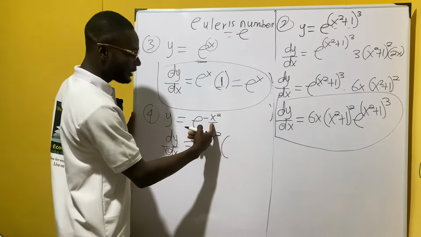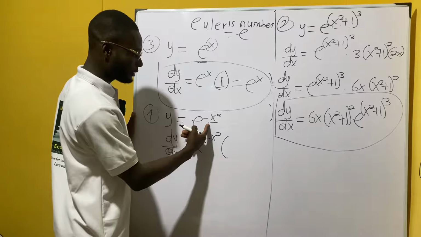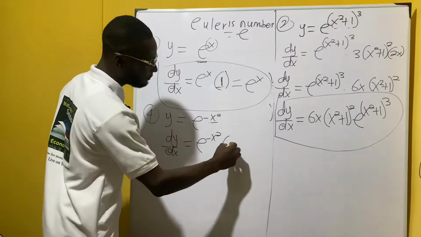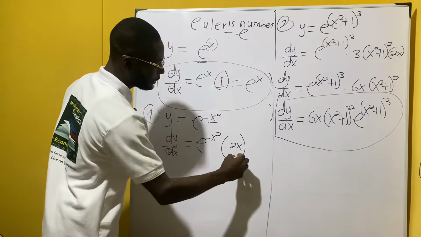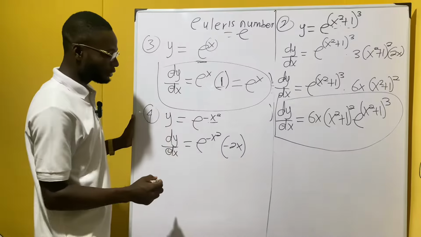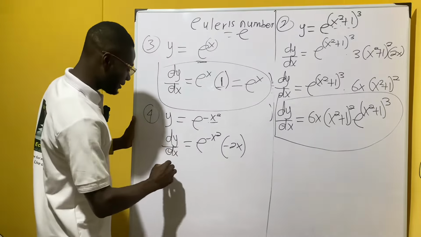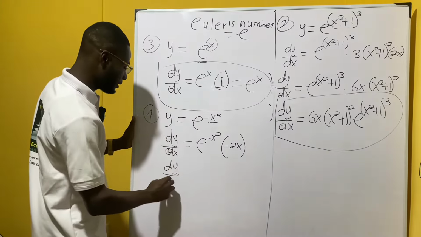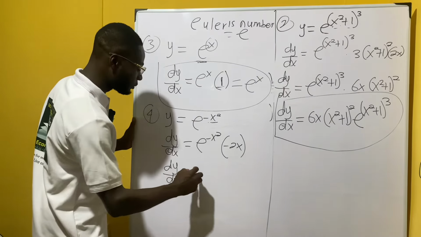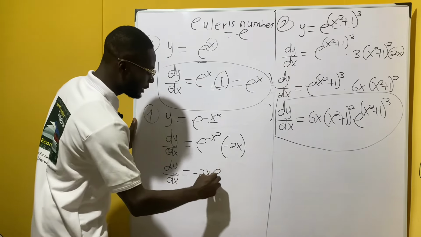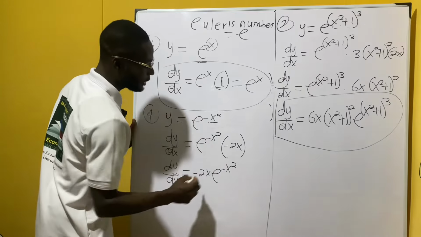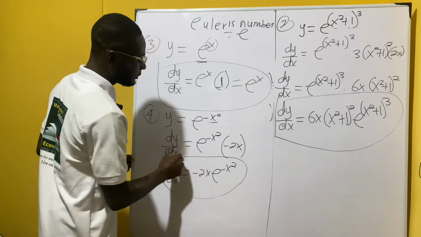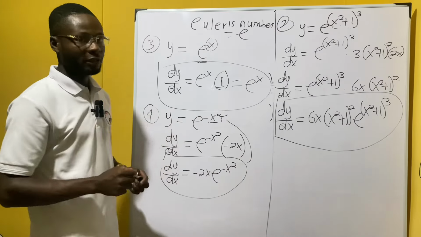So we have the differential of minus x squared, which is minus 2x here. So we have dy dx is equal to minus 2x e power minus x squared. And this becomes our final answer to this particular question.